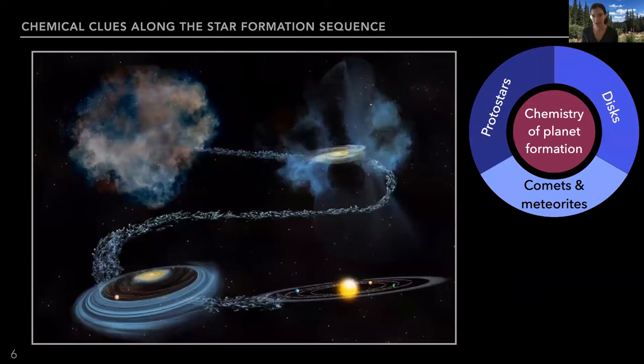So the next thing that we care about is studying the chemistry along all stages of the star formation sequence. We know that planet formation is actually just a byproduct of the formation of a low mass star like our sun. This process begins in the molecular cloud where you have dense gas, and at some point a region of the cloud will begin to collapse in on itself, forming a protostar.